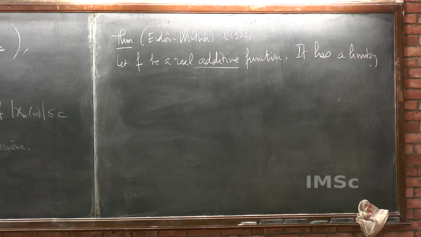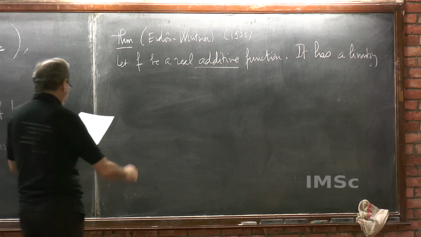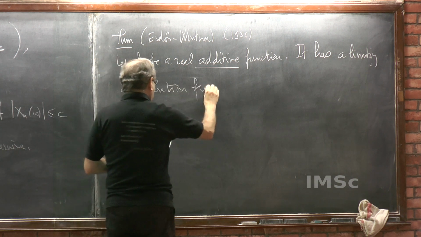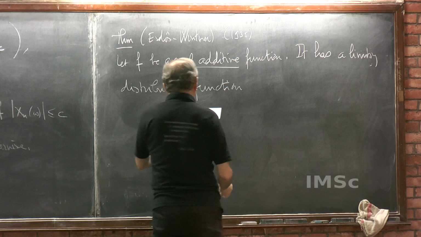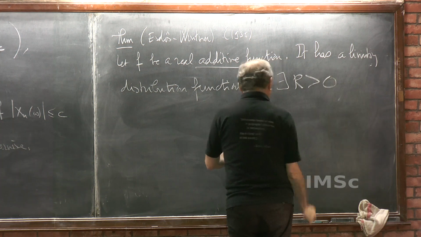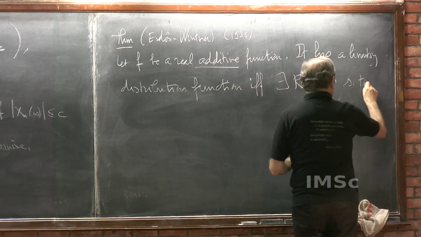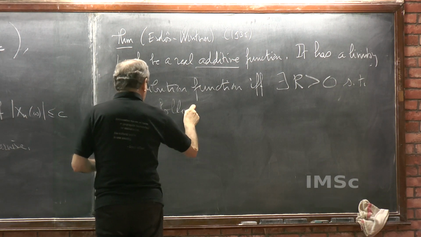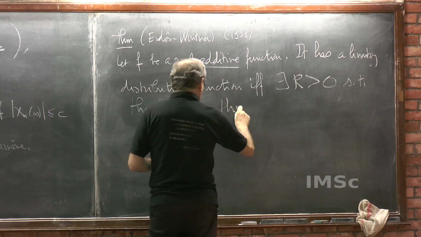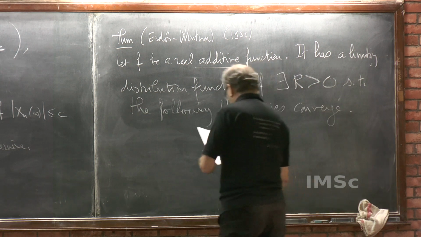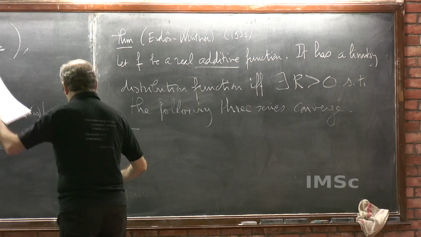You see, it's a very strong result because it is if and only if. It has a limiting distribution function if and only if there exists some positive number, or you may call it C if you wish, such that the following three series converge. So maybe I will put them in the same order as here.